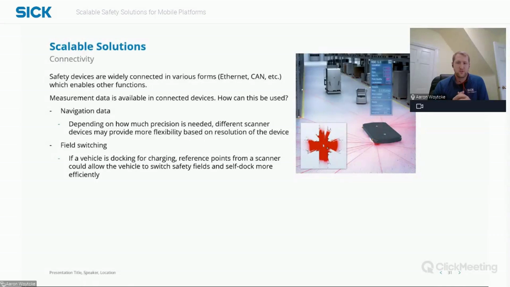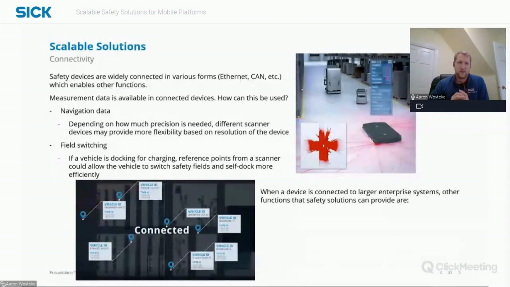You can use reference points from a scanner that would allow the vehicle to have the scanner fields reduce or switch and slow down the vehicle so that when you're moving into the dock, it can be done a lot more automatic rather than having someone come by and help it into a dock situation.